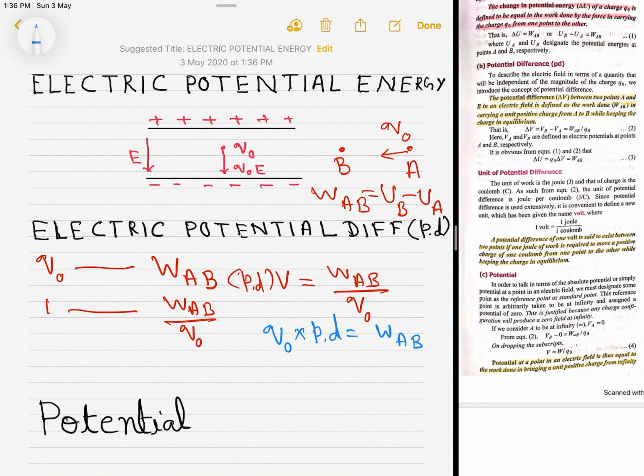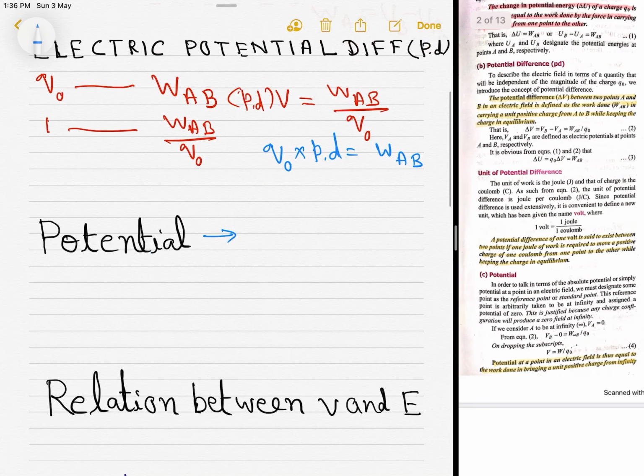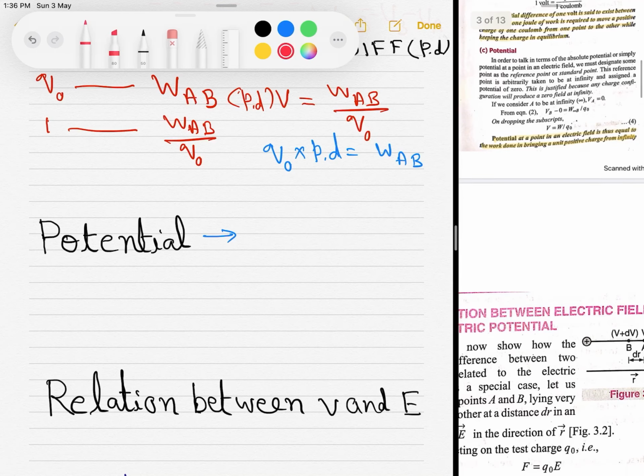Now we will discuss another term, that is potential. So what is the difference between potential difference and potential? Electric potential difference is the work done to bring the charge from one point to another, and the potential is the work done to bring the unit positive charge from infinity to a point.